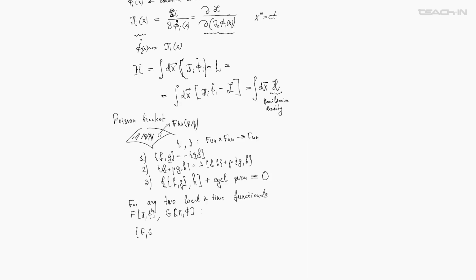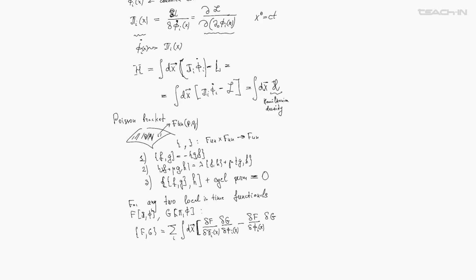Sum over all I, so over all species of fields, of the integral over three-dimensional space, over all spatial directions, of the variational derivative of f with respect to pi I on x, variational derivative of g with respect to phi I on x, minus the other way around, delta f over delta phi on x, delta g over delta pi I on x.